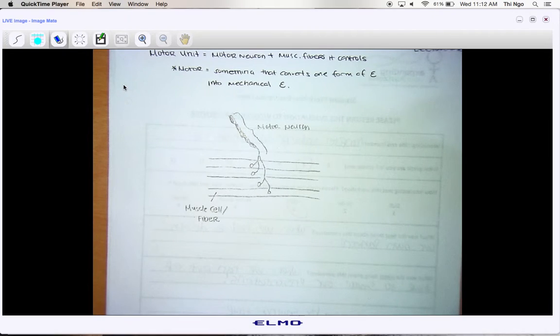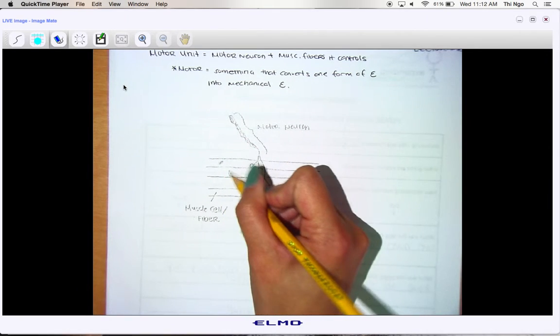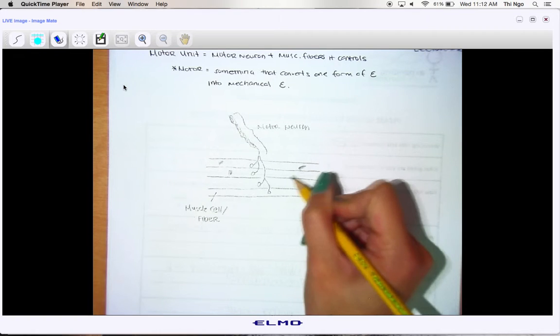So according to this picture, how many muscle fibers do you have? 4. 1, 2, 3, 4. 4 fibers or 4 cells, okay? In each cell, what organelle must you have? Nucleus. Nucleus, how many? Many, more than 1. So I'm going to draw a couple of nuclei, random spots.